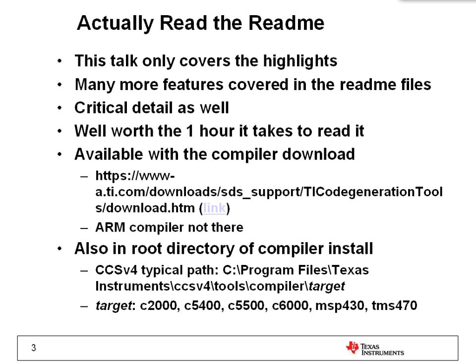Even in CCS v5, the one that was released a couple weeks ago, it's just going to be the root of CCS v5, then tools/compiler/ some target name, and that last line on the slide is C2000, C5400, that kind of thing. That's the directory for the specific target's compiler. And in that directory is where you'll find the Readme file. And again, it's well worth the time it takes to hunt this down and read it. You'll get critical detail there that can be obtained really nowhere else until it finally makes it into the books, often months later.